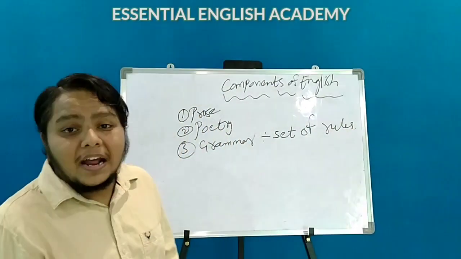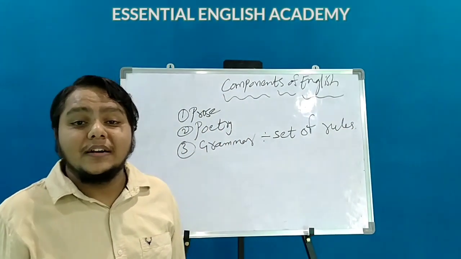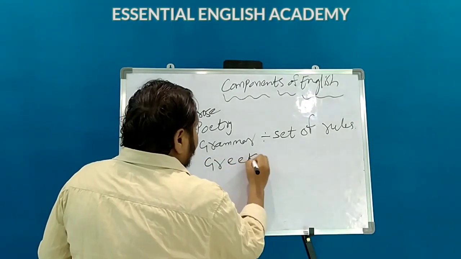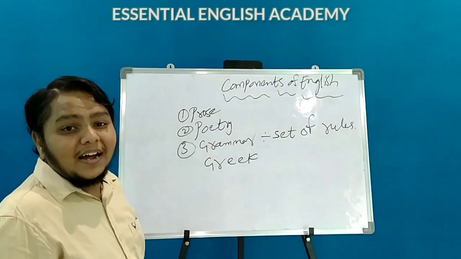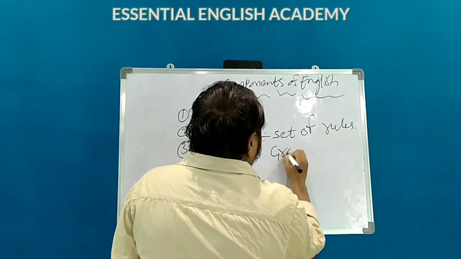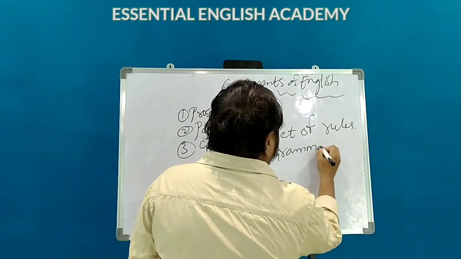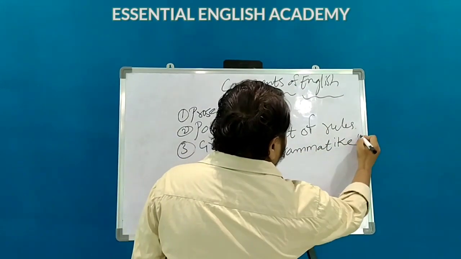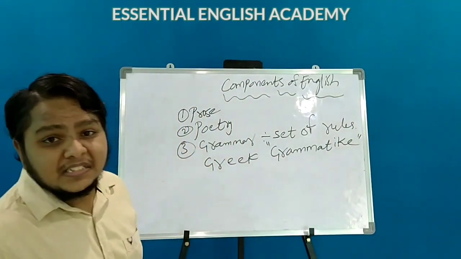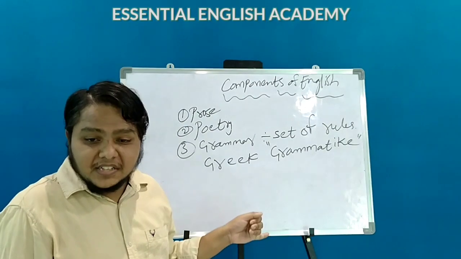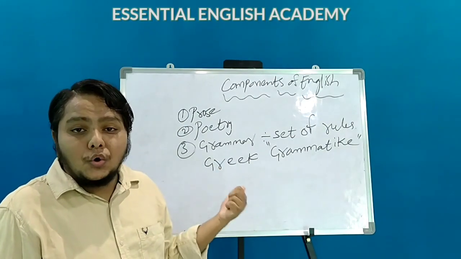The word grammar has come from a Greek word, grammatike. Grammatike means set of rules. So grammar is nothing but a set of rules.